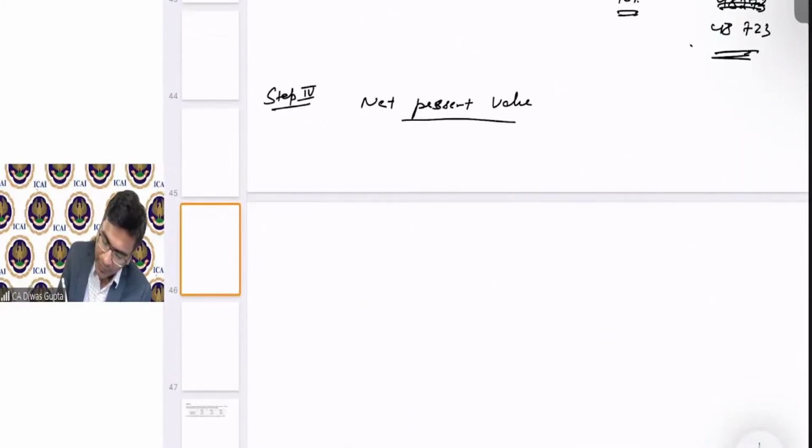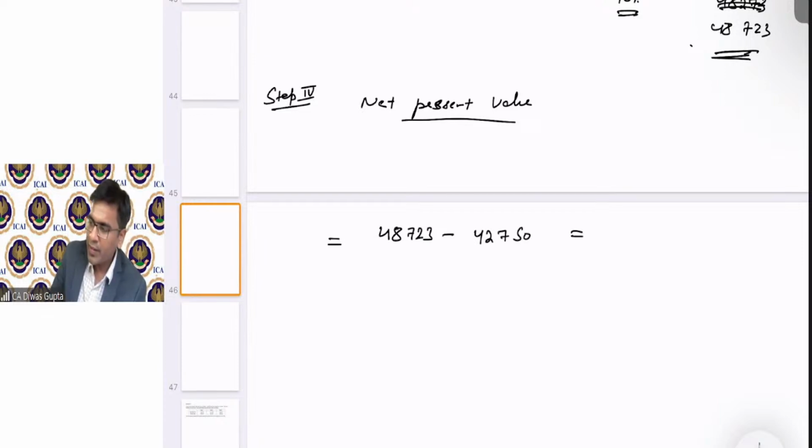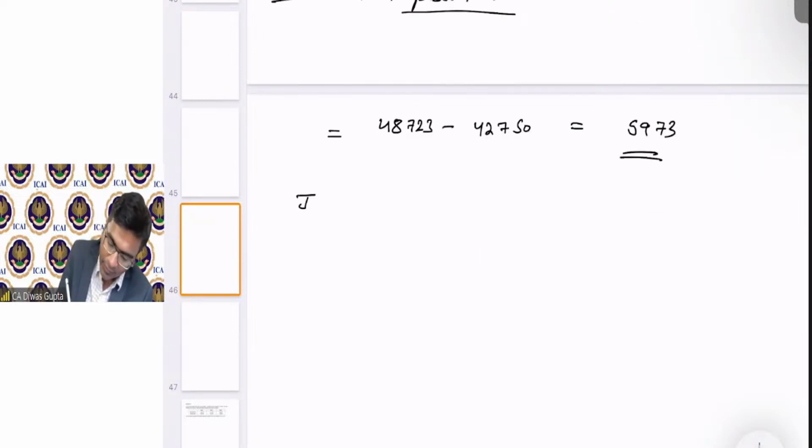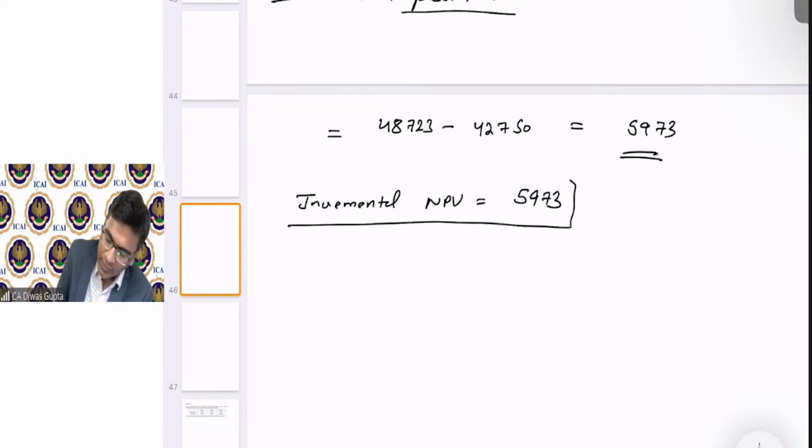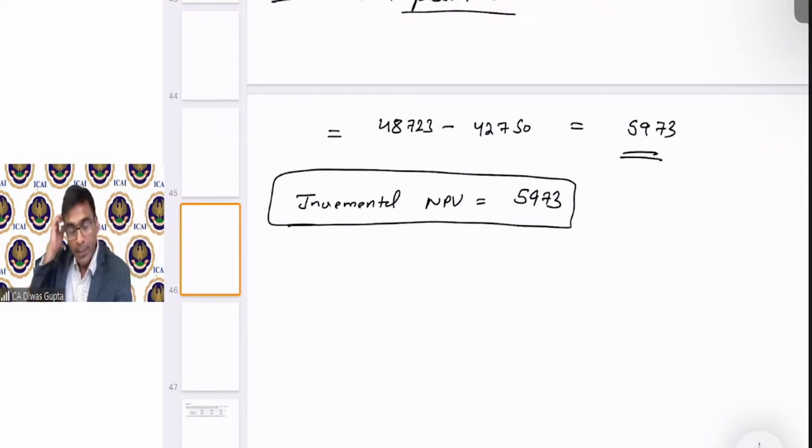So this will be 48,723 minus 42,750, which is 5,973. So the incremental NPV will be 5,973. This is in case we go ahead and replace our existing computer with the new computer.